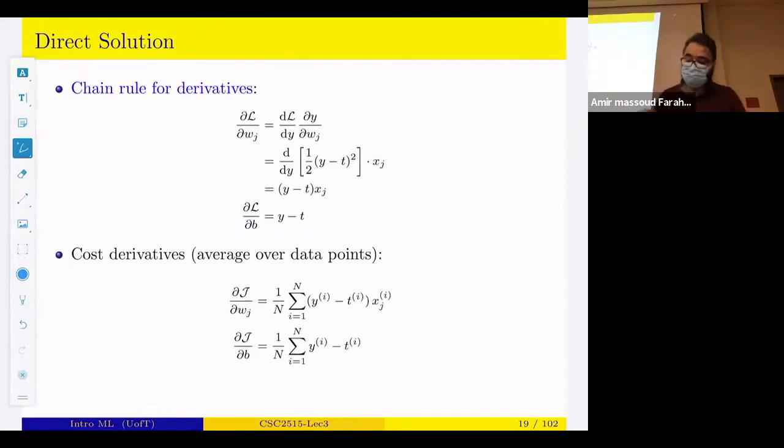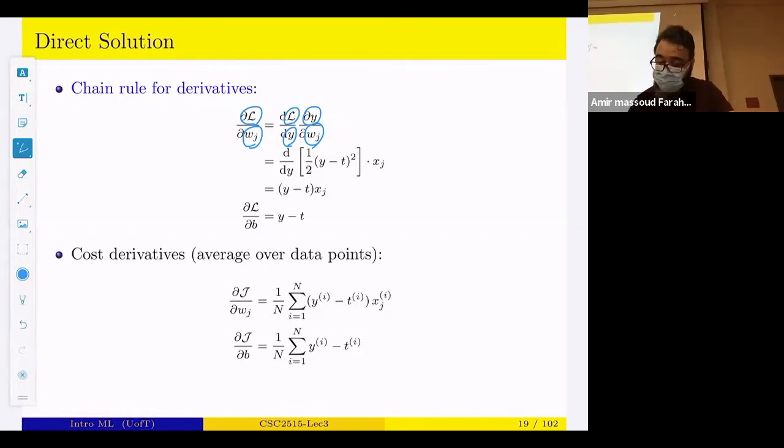Now we want to take the partial derivative of the cost function with respect to the weight. We can use the chain rule. The partial derivative of cost with respect to wj would be the partial derivative of loss with respect to one specific y, times the partial derivative of y with respect to wj. So this is the chain rule.